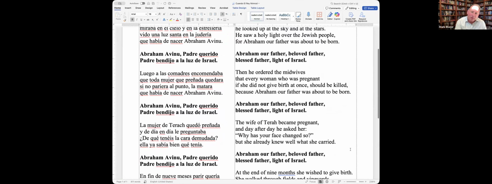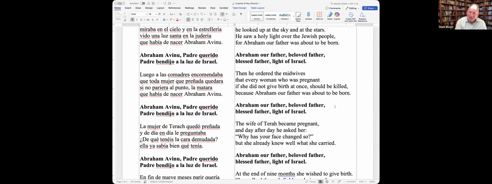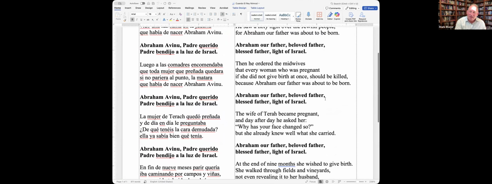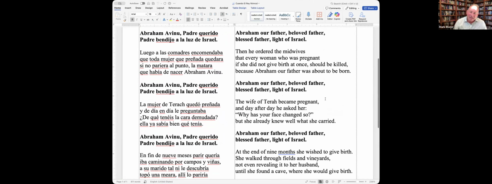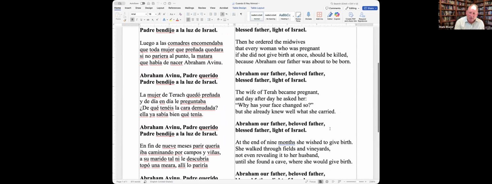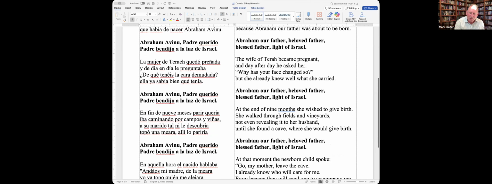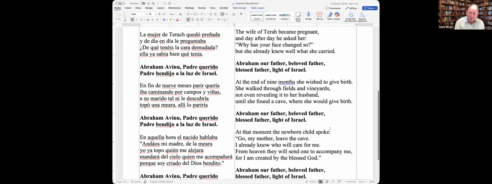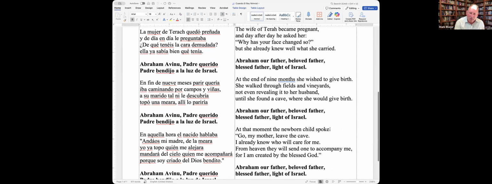Luego a las comadres encomendaba que toda mujer que preñada quedara, si no pariera al punto la matara, que había de nacer Abraham vino. Padre querido, Padre bendito, luz de Israel. Abraham, Padre querido, Padre bendito, luz de Israel.